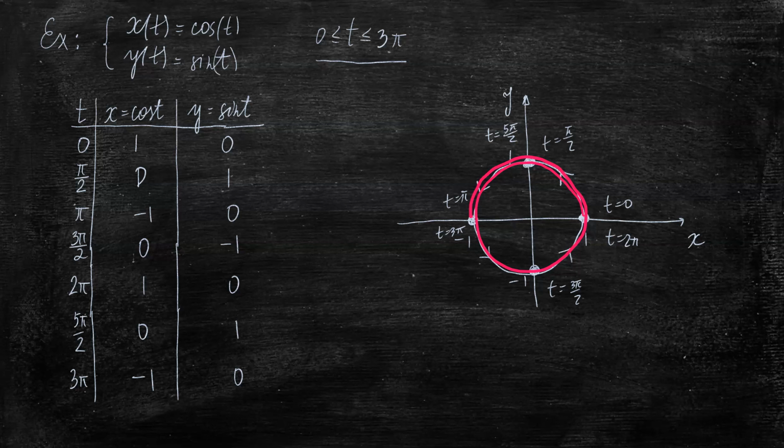Here's another example of a non-trivial set of parametric equations. So let's change it up just a little bit, and let's try to figure out the parametric curve associated with this set of parametric equations.